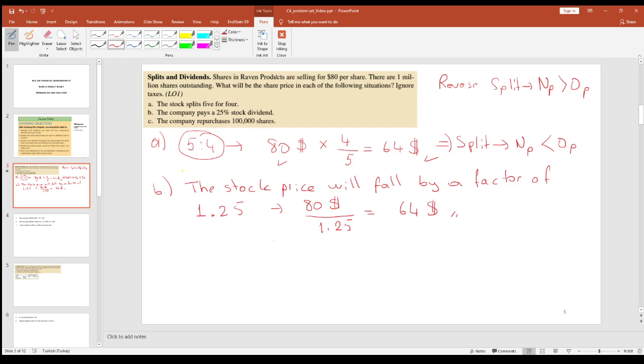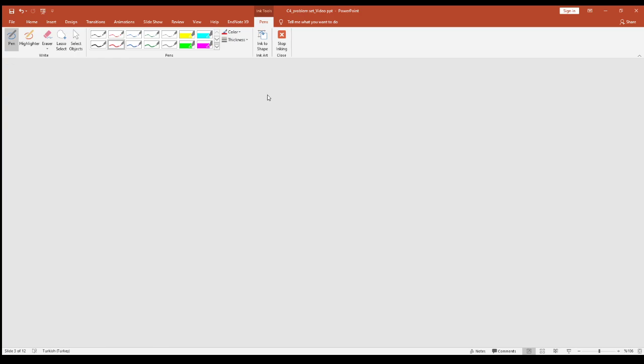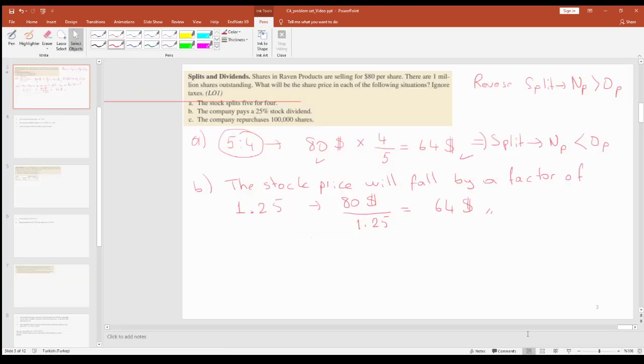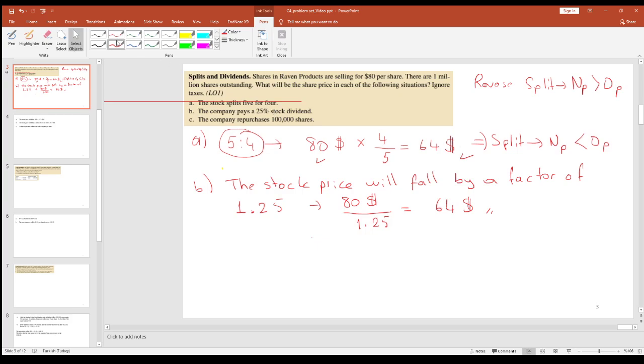If you pay attention to the argument here, this is written as 5 to 4.